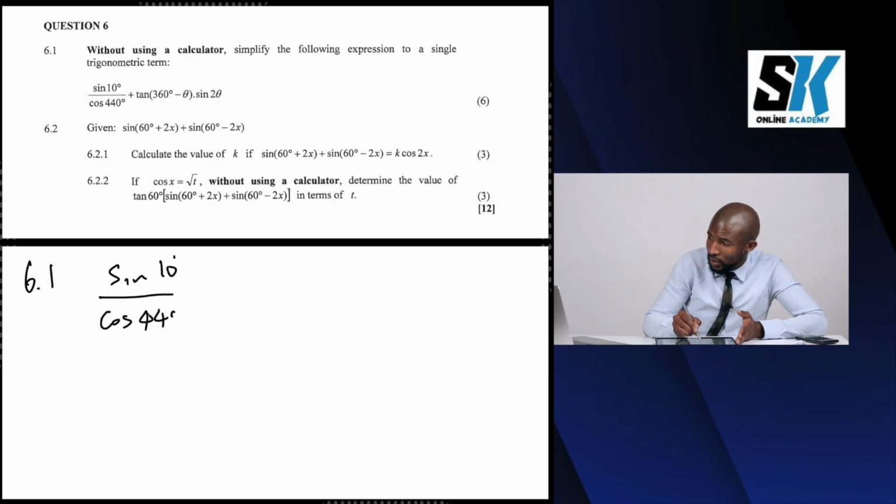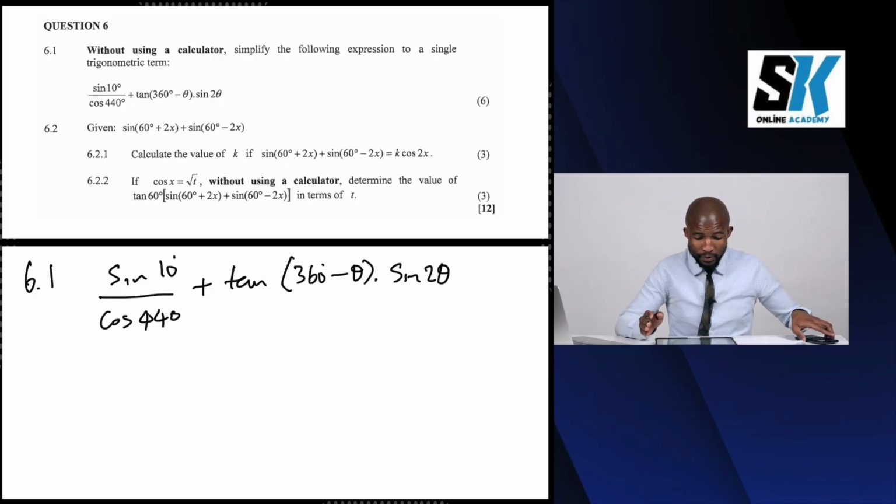So 6.1, you are given sine 10 over cos 440 being added to tan (360 minus theta), all multiplied by sine 2 theta, which is a double angle of sine.